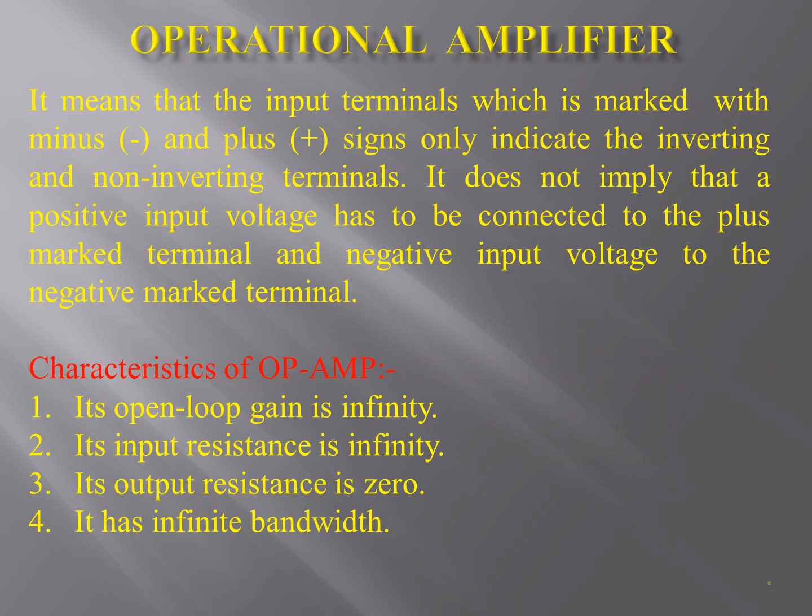It means that the input terminals marked with minus and plus signs only indicate the inverting and non-inverting terminals. It does not imply that a positive input voltage has to be connected to the plus marked terminal and negative input voltage to the negative marked terminal.